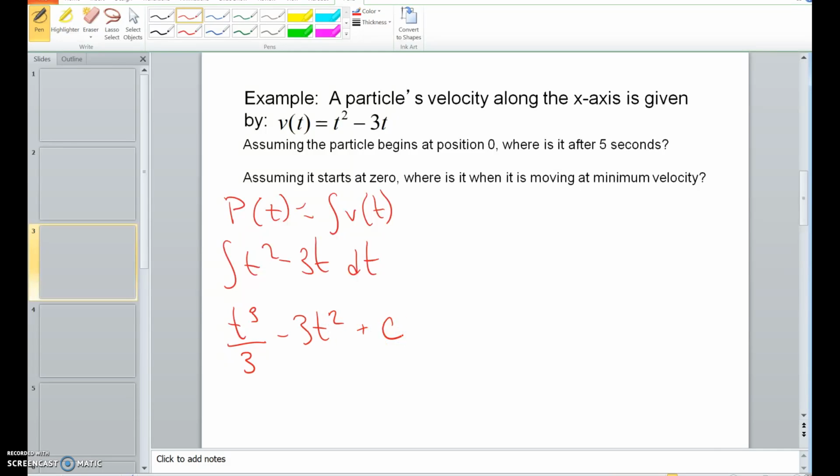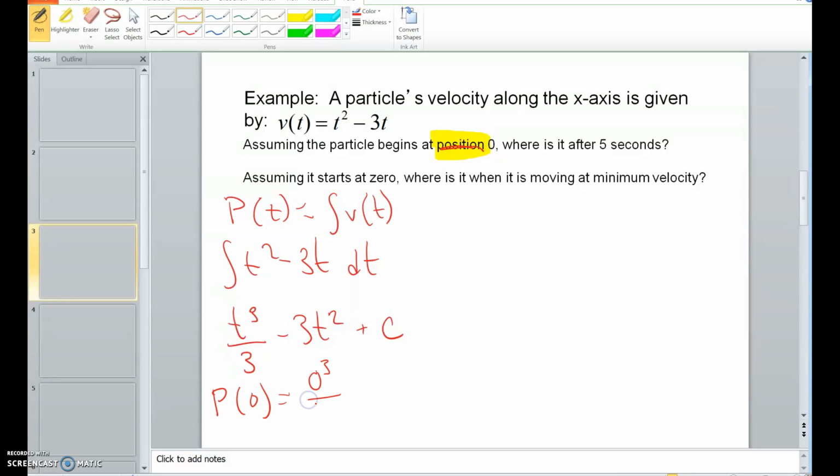So here's where we're going to use the information about the particle's initial position. We know that when t is equal to 0, so initially, the particle was at position 0. The problem told us that. So when we plug in 0 for t, we should get 0 out of the position function.